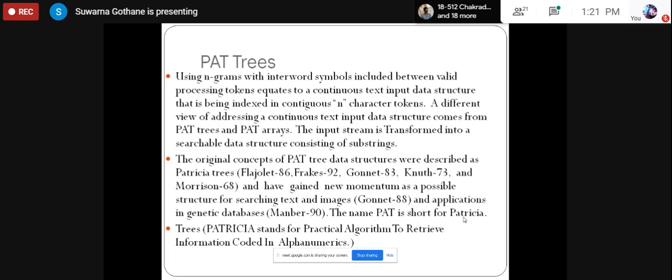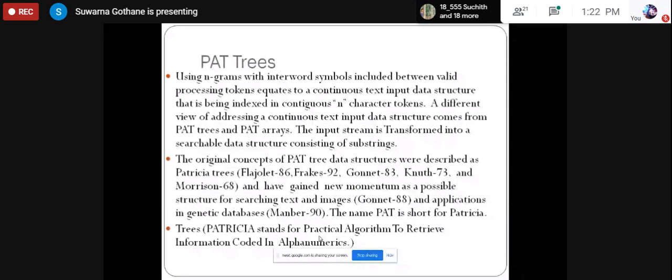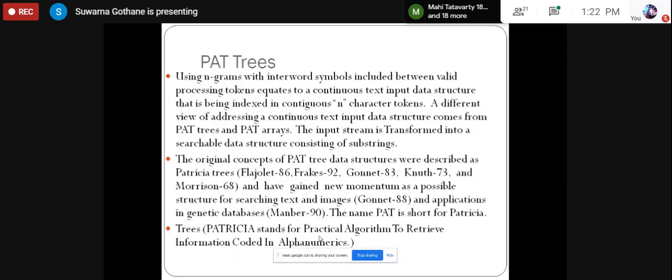In short we will call it PAT, but it is called Patricia, which is extended as practical algorithm to retrieve information coded in alphanumerics. Okay, so how does this work?